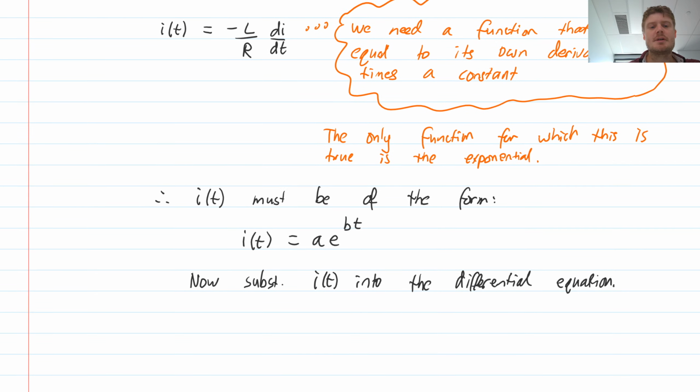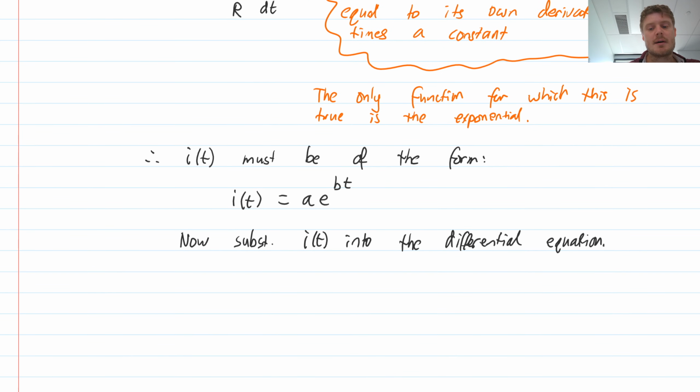In order to do that, I need to know the time derivative, di dt, which in this case is just going to be a b e to the bt. The b coefficient just comes down the front when I take that derivative.